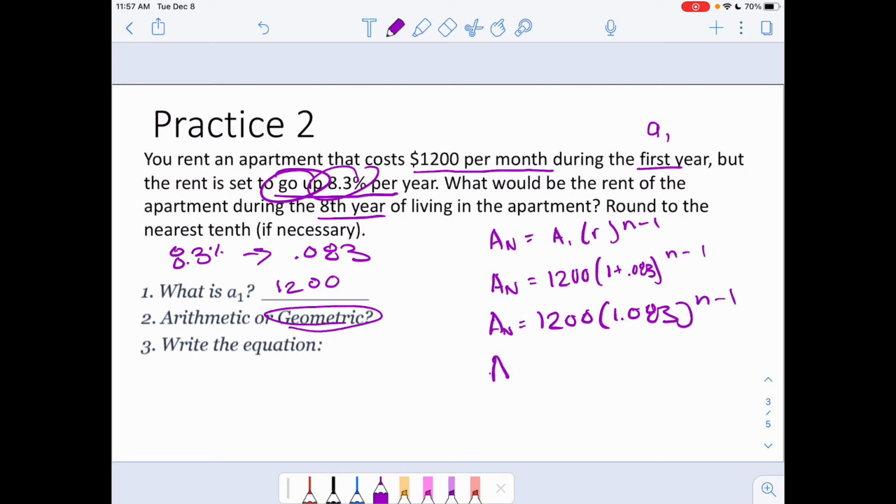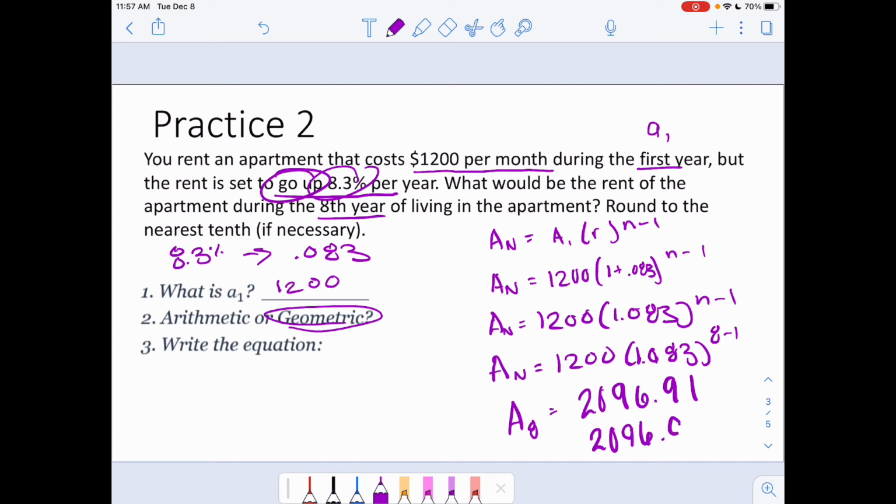I'm going to plug in an 8 into my equation. And I see that at the 8th year, the apartment rent is now $2,096.91, which rounded to the nearest tenth is 2,096.9.